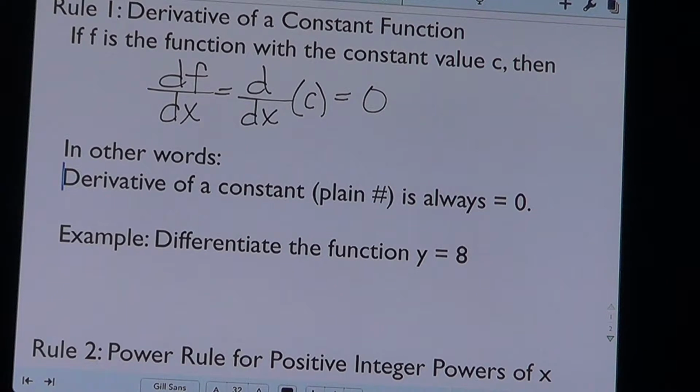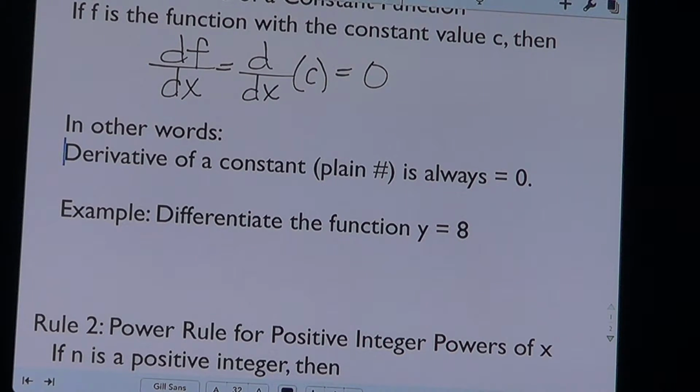So anytime you're asked to find the derivative of a constant, like 5, 7, in this case it says differentiate the function y equals 8. So we're finding the derivative of the function y equals 8.